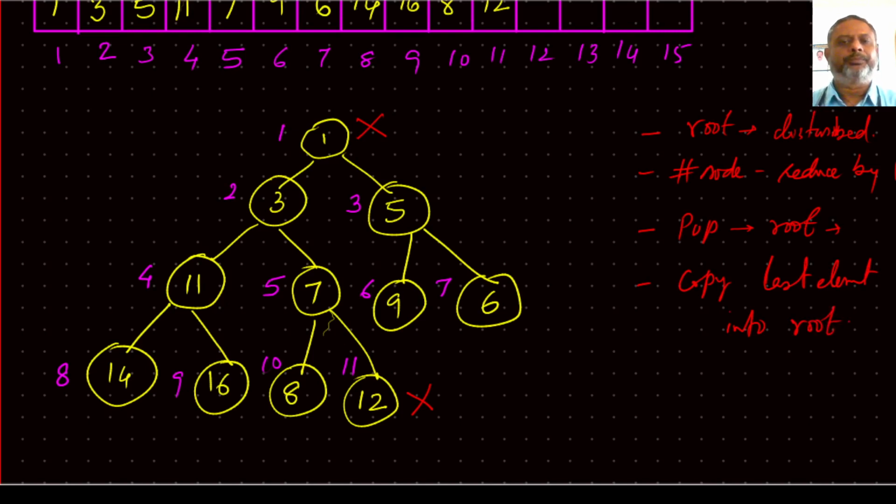So what happens is, the last element was 12, and that's put in place of 1. So 1 comes out, 12 comes here, and this node no more exists. Done.